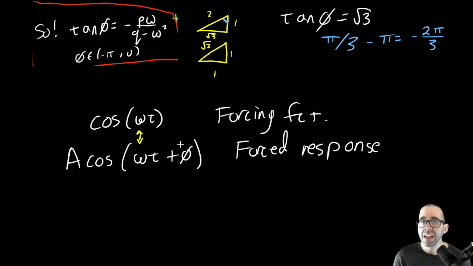But they might not be in time with each other. They might not be in phase with each other. And that's where phi comes in. Because if phi is equal to 0, then our forced response, our long-term behavior, is oscillating in sync with the forcing function, with that external function.